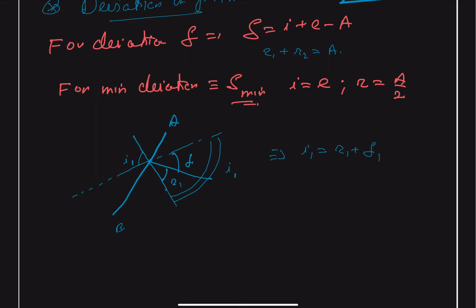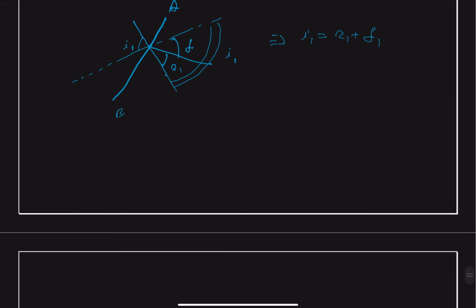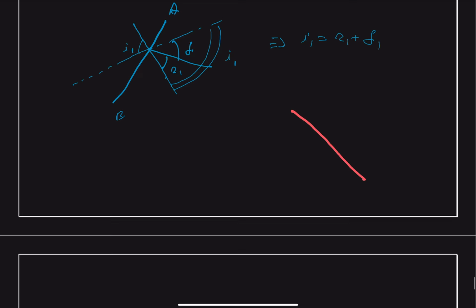And for the other face, which is our DE, we have a ray which is coming something like this, and it is going to bend in that direction. Let us suppose this is our R2, this is the angle of emergence, and this will be our deviation, let us suppose delta 2.